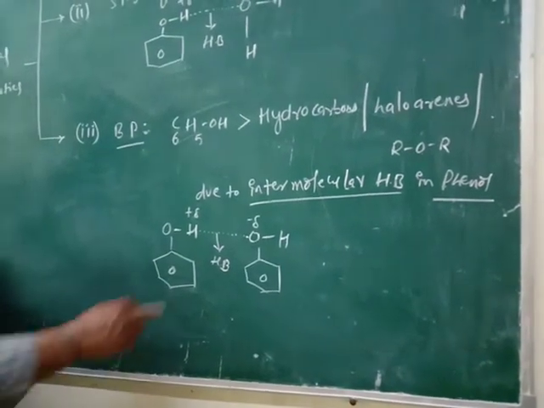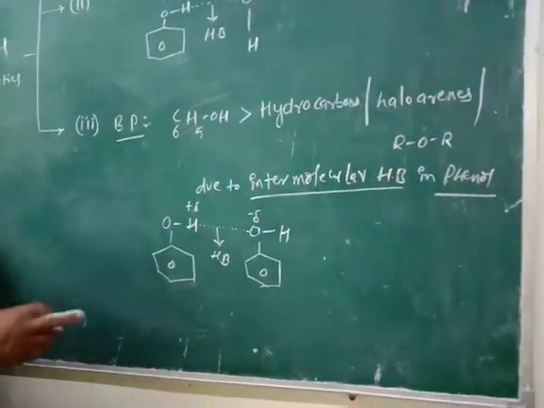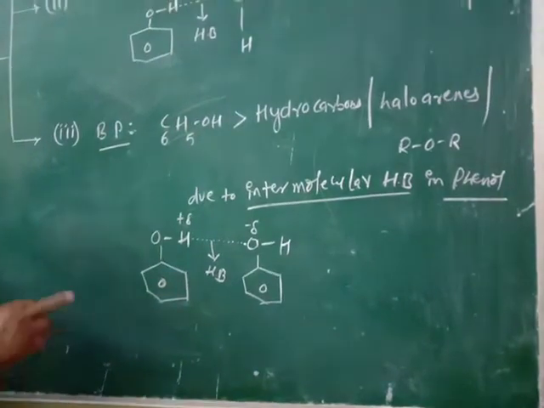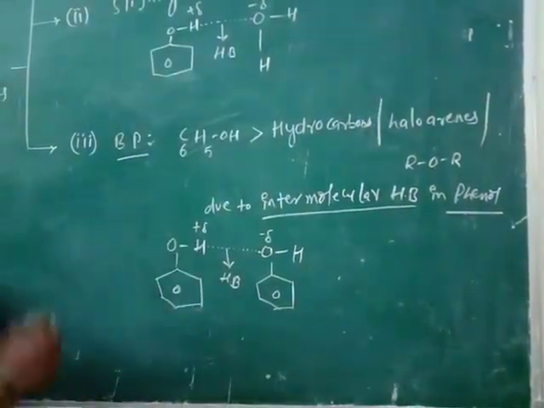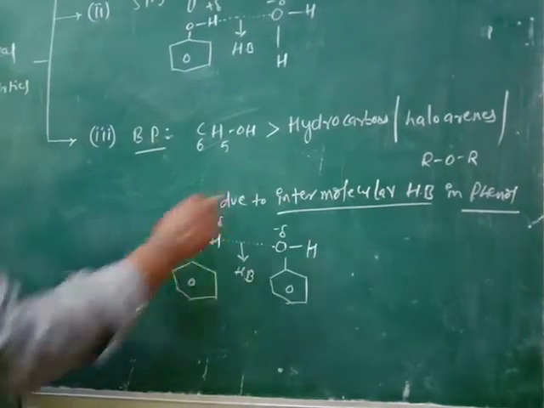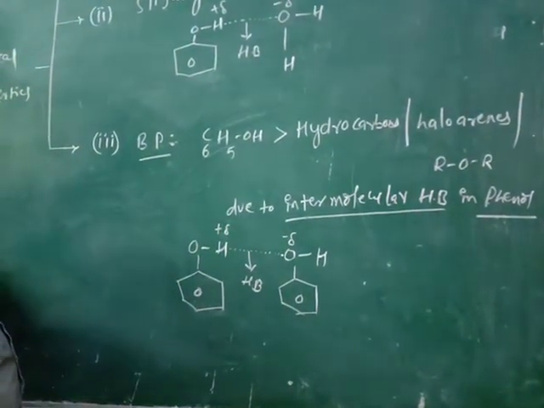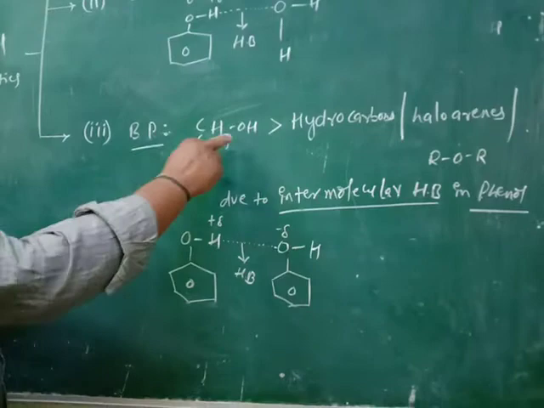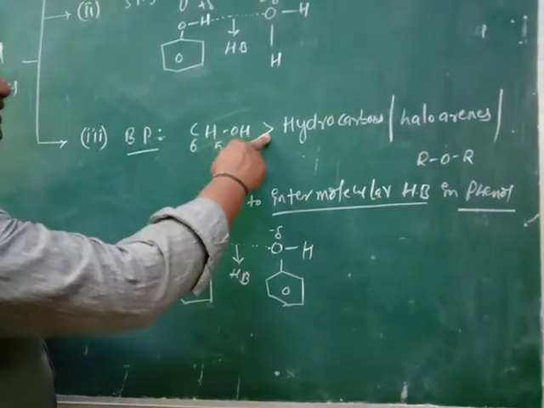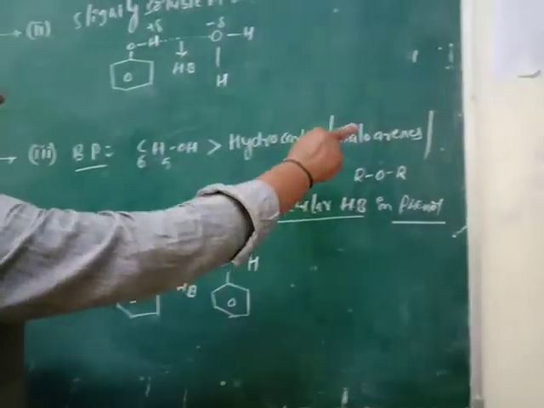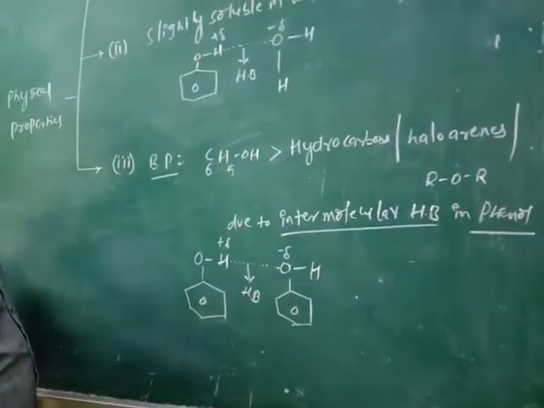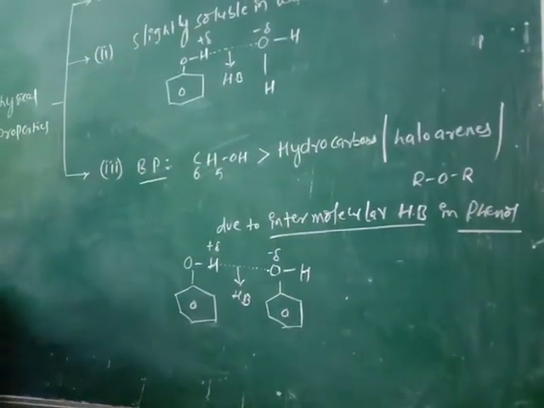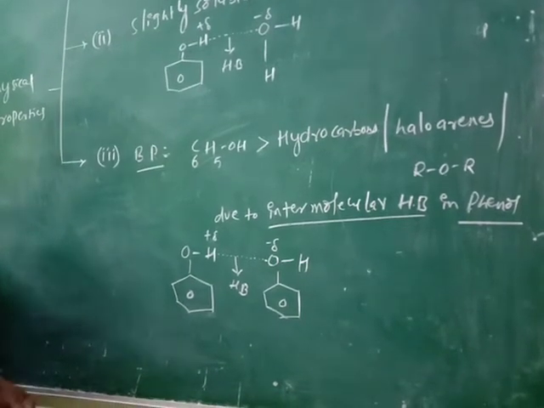Intermolecular hydrogen bonding means a hydrogen bond is obtained between two molecules of the same or different molecules. Due to intermolecular hydrogen bonding, the boiling point of phenols is greater than hydrocarbons, haloarenes and ethers.